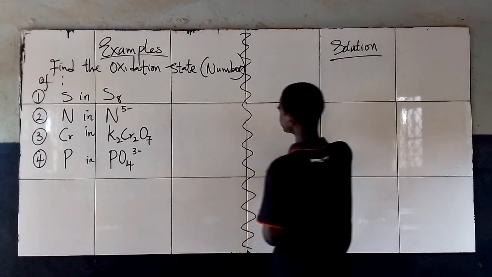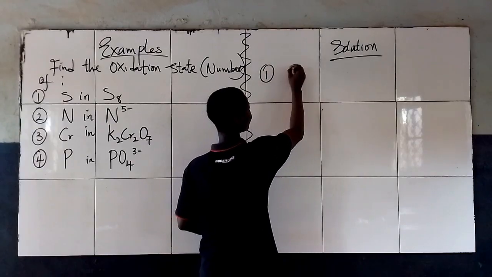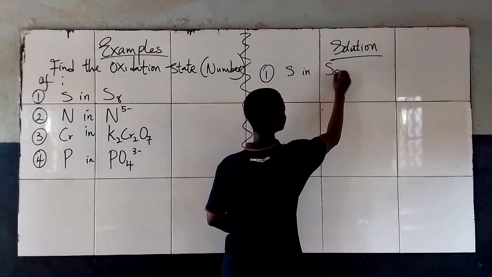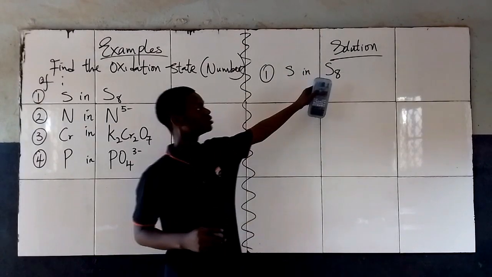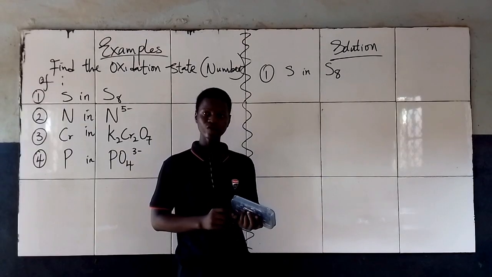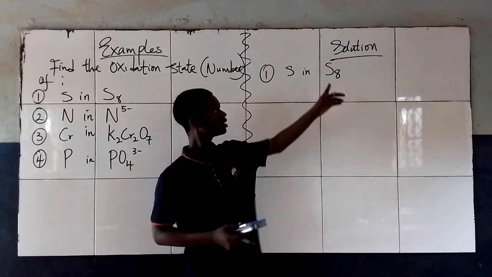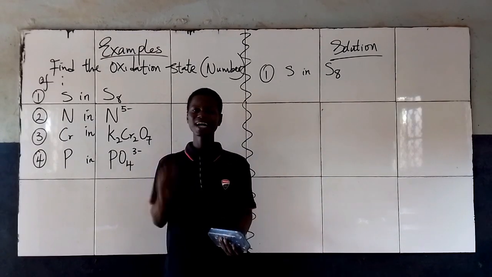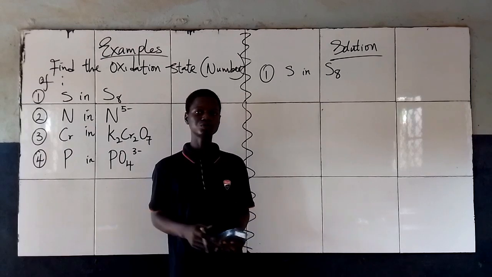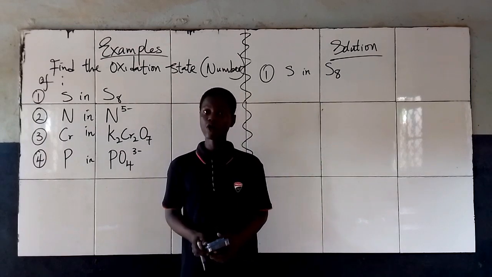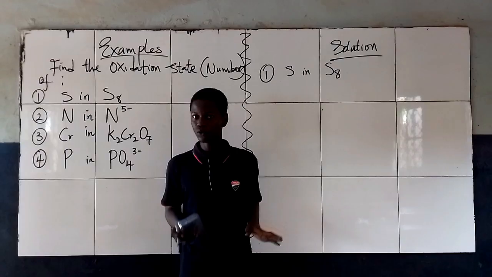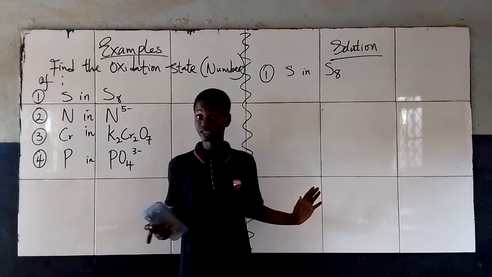Now for the first question, it reads sulfur in S8. Now this is sulfur gas. Sulfur in its free state is S8. That is, 8 atoms of sulfur come together to form a sulfur molecule, and that's how sulfur occurs normally in its free state.